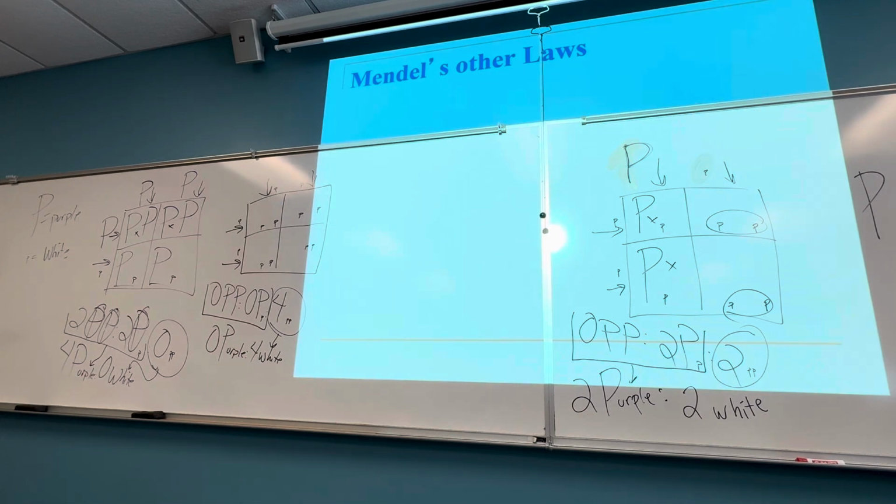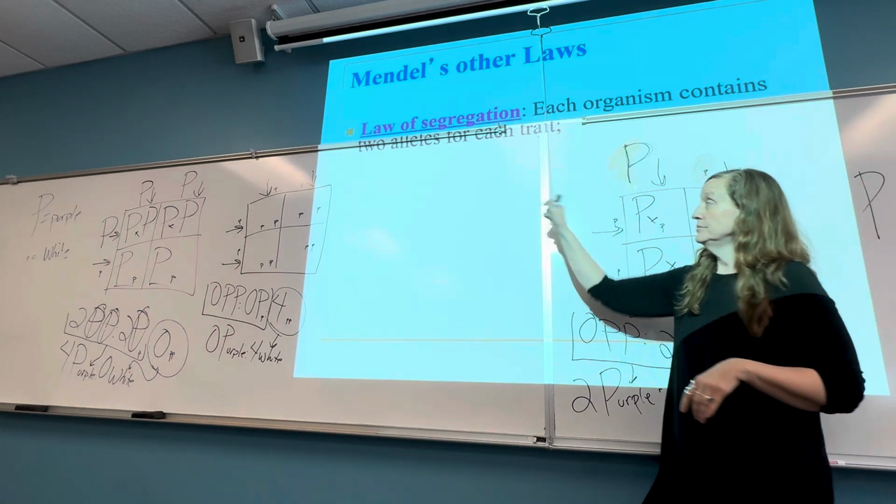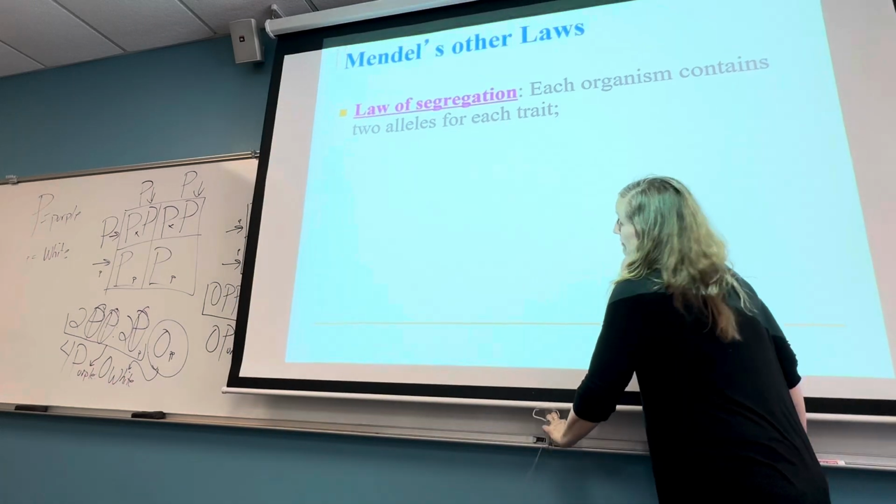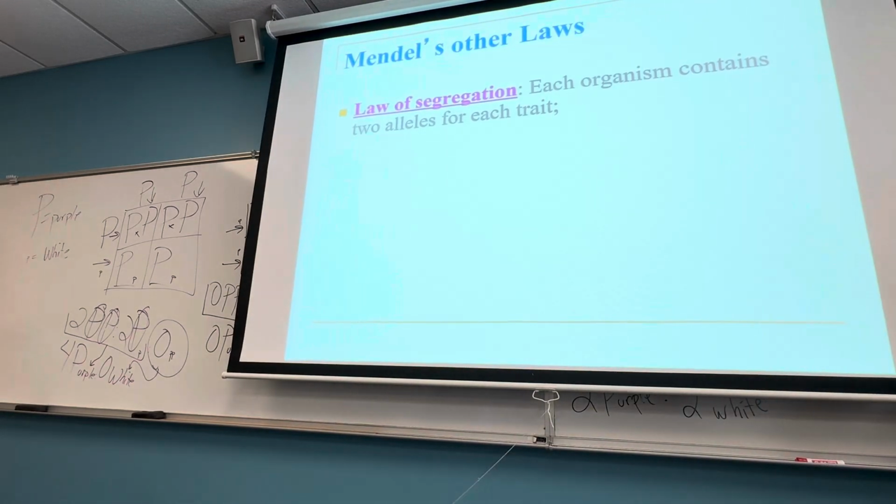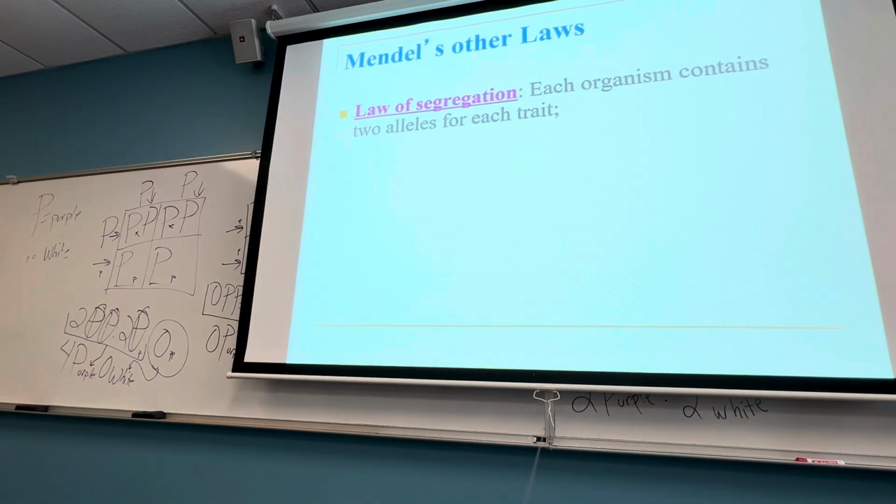Mendel had a couple other laws. One we've already talked about, which is the law of segregation. This goes along with meiosis. You get 2 alleles for every trait, right?